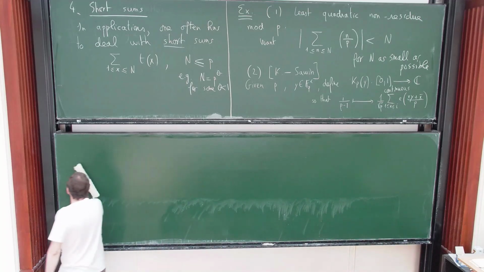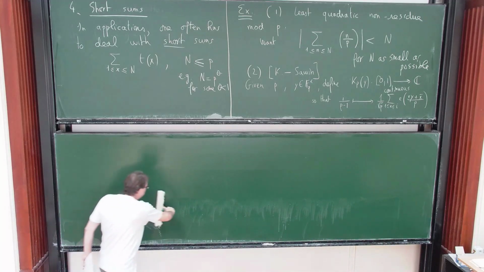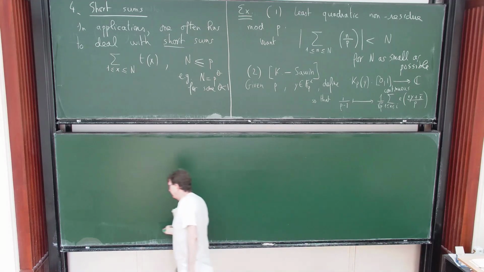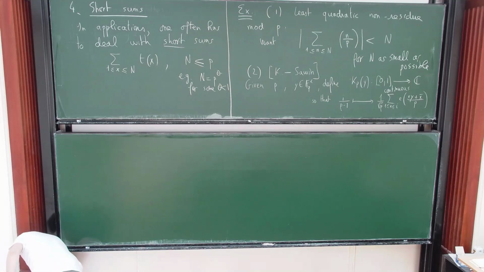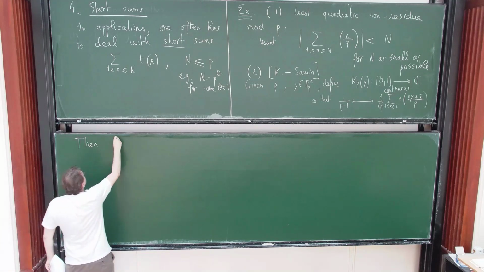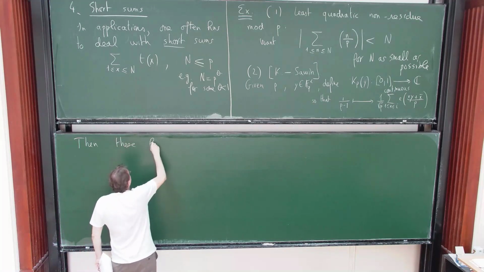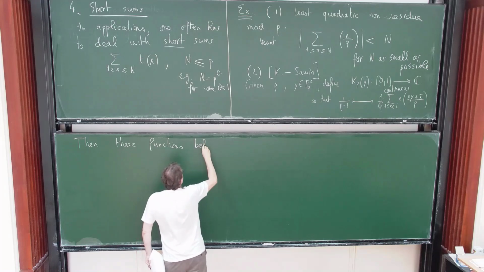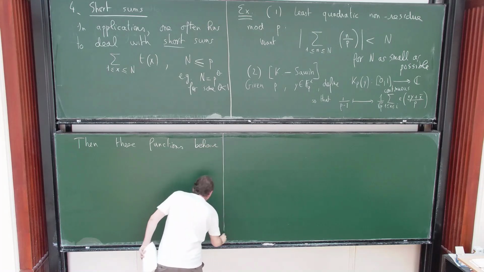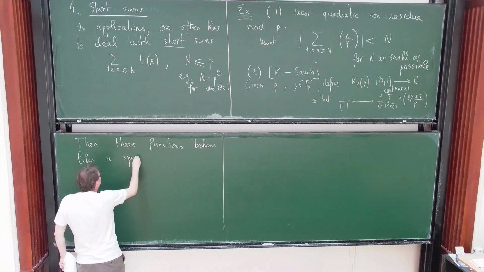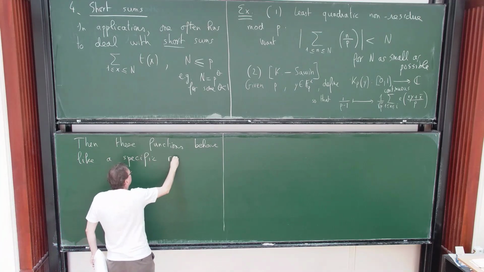And what we prove with Will, among other things, is the following conditional result. So the conclusion is that these functions behave statistically like a specific explicit random Fourier series.